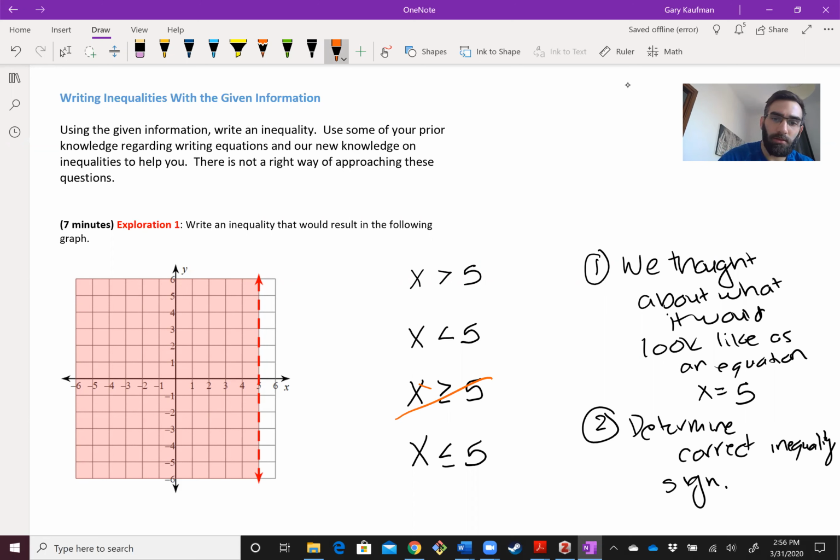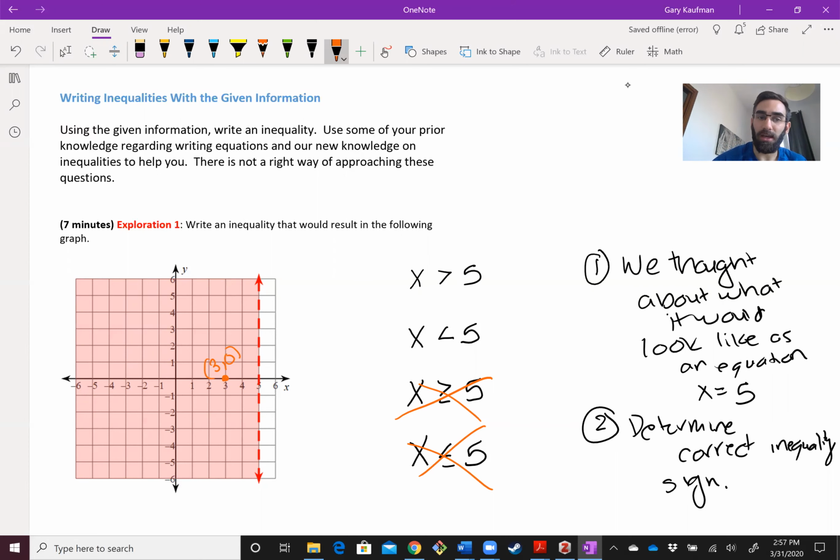Okay, not that, not that. I now have a 50-50 chance. Well, pick a value. Here's a value, say 3, 0. I need 3, 0 to be true.